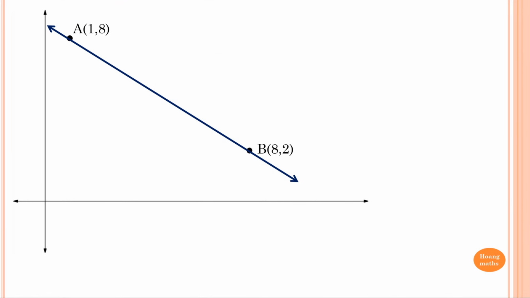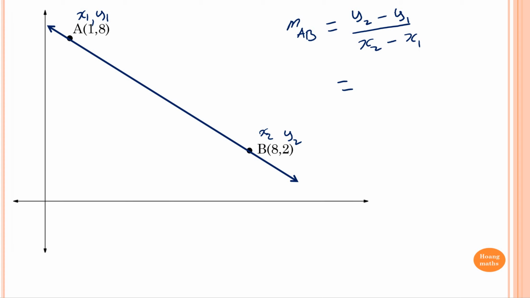Now, let's do this last question here. It's just a process, exactly the same. First of all, we name this x1 and y1, and this is x2 and this is y2. We know the gradient formula is y2 minus y1 all over x2 minus x1.